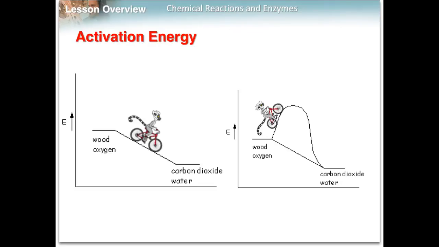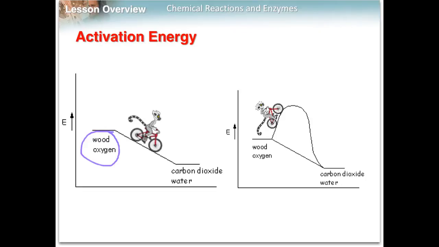We need an example of this. Let's look at this simple illustration. Think about activation energy. On this side of our graph, wood and oxygen are going to be our reactants. And again, you know that if you have wood laying around and there's oxygen in the air, it doesn't burn on its own.